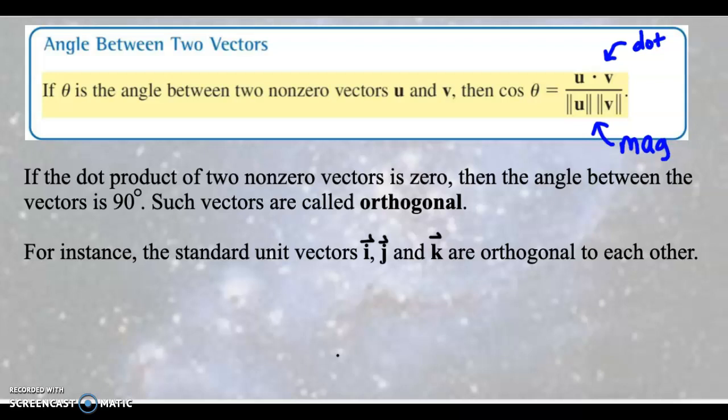Those vectors, again, were called orthogonal vectors, and Batman and Robin knew the difference between the 2 of them. For instance, our standard unit vectors are all orthogonal to each other.